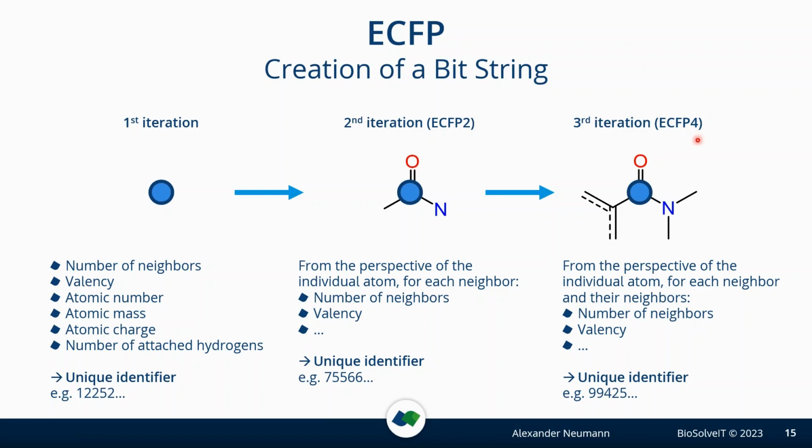Obviously, the bigger you get, the more features you capture, the more of the environment you capture, the more calculations you need to do. So with an ECFP6, you need to do a lot more calculations compared to ECFP4 or compared to ECFP2.